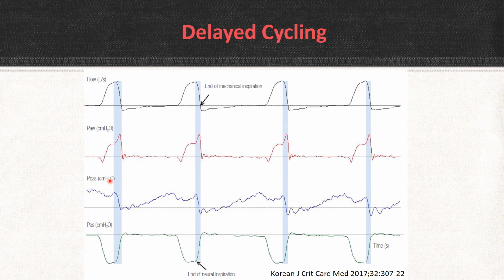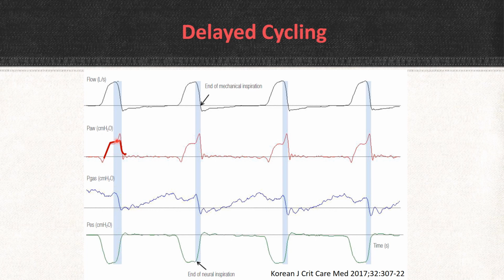This is another example. This is the flow waveform and this is the pressure waveform in pressure support ventilation. So, this pressure waveform should be box-like or square form. It should be like this somehow, but as there is delayed cycling, the patient's inspiration has ended here. This is the esophageal pressure.